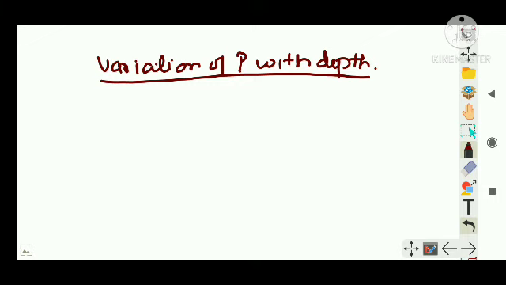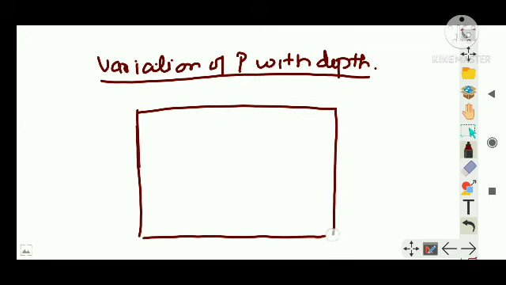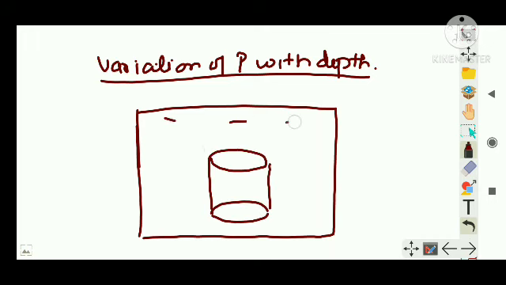Now, this is a calculation part, guys, and it is a derivation part also, right? Suppose this is a liquid section filled with some liquid, and you keep a cylindrical object inside it. The fluid is completely inside this container, and there are two different positions I am going to consider.